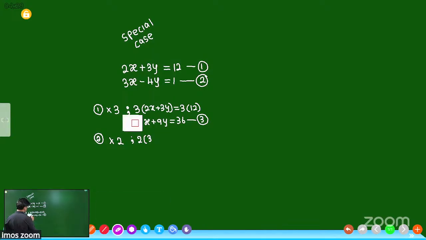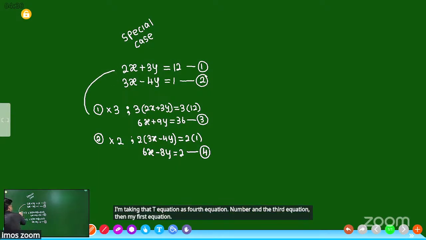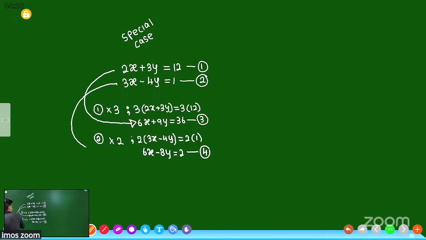So I get 6x. I'm taking that equation as the fourth equation.